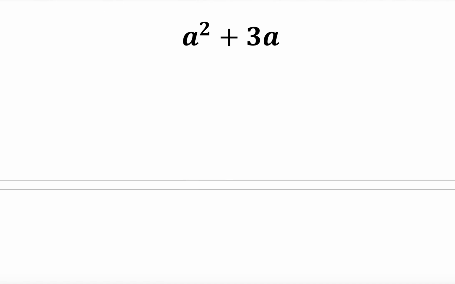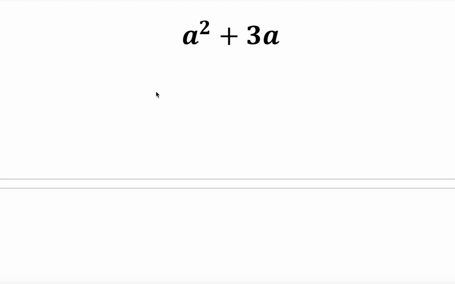What is the highest common factor of a squared and 3a? So let's write it over here on the side. Highest common factor of both those terms equals. So what have we got in both? We've got a squared, so we've got an a, and 3a, we've got an a there as well.